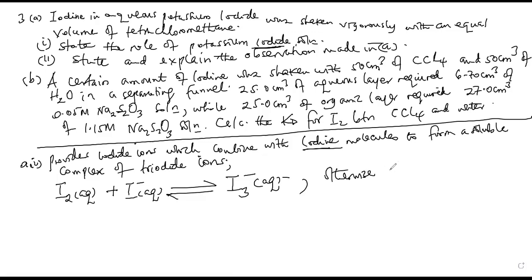Otherwise, iodine is sparingly soluble in water. Okay, from here, part 2: state and explain the observation made in A. Iodine in aqueous potassium iodide was vigorously shaken with equal volume of tetrachloromethane.